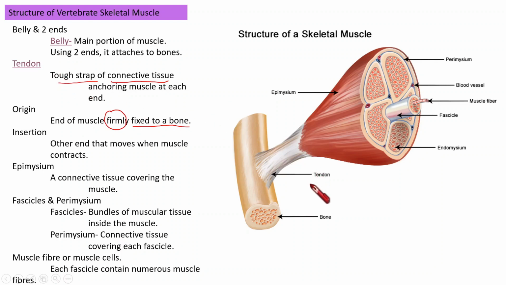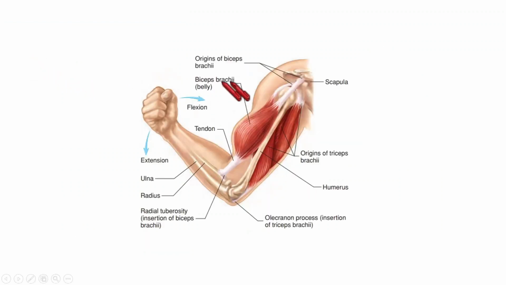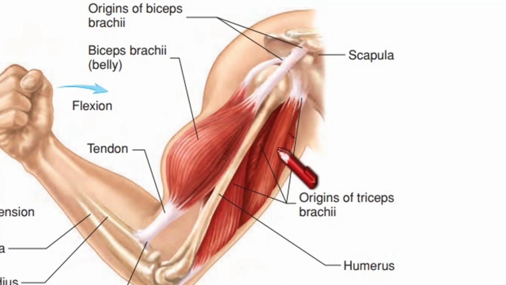Here in this picture itself, we can see origin. This is the origin with regard to this muscle. It is tightly anchored to the corresponding bone. So that end of the muscle that is so tightly attached to the bone is called origin. Okay.